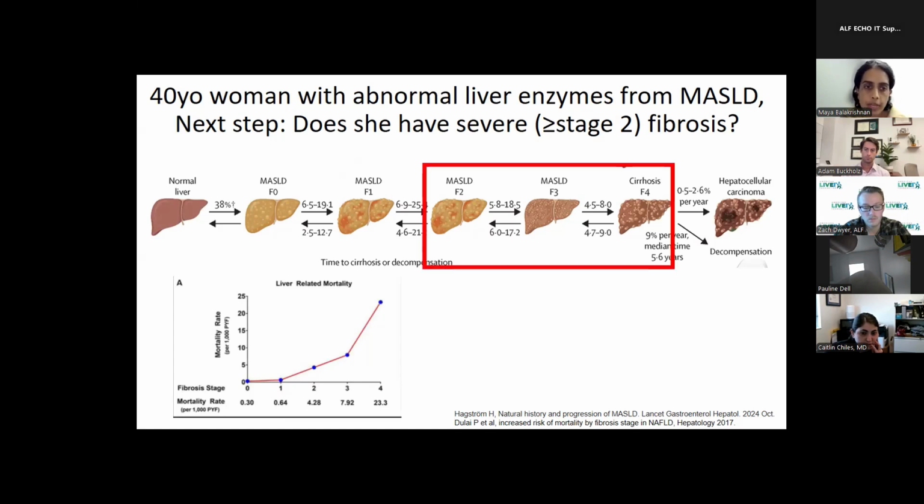Hence, when we see patients with MASLD, we want to know if this patient in front of us has stage 2 fibrosis or more. And the way we do that is using the non-invasive tests like the FIB-4, elastography, and the ELF test shown in that algorithm.